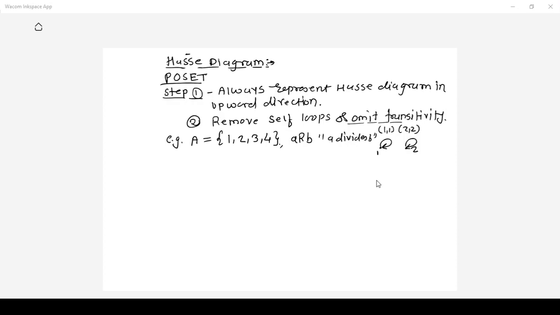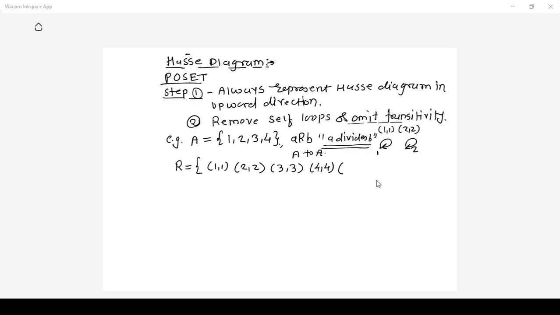This relation is defined from set A to set A. So I can write relation R: every element divides itself, so the pairs (1,1), (2,2), (3,3), (4,4).